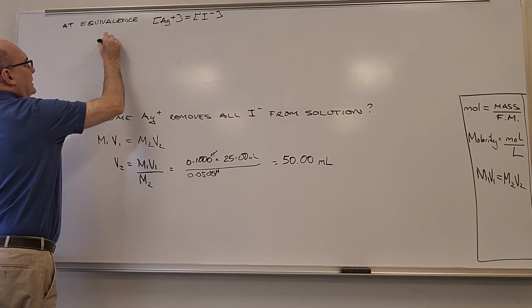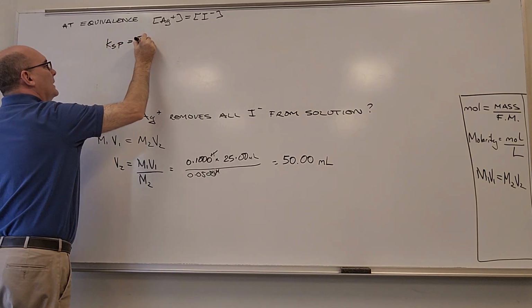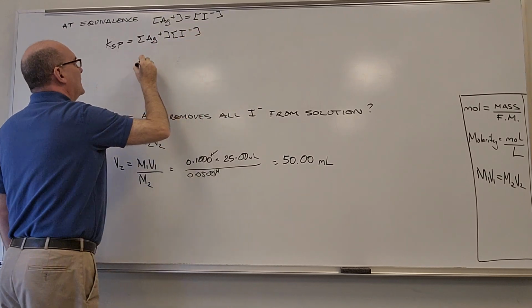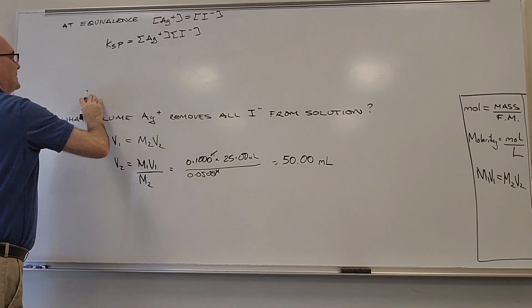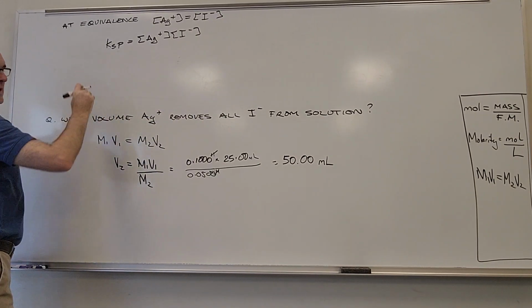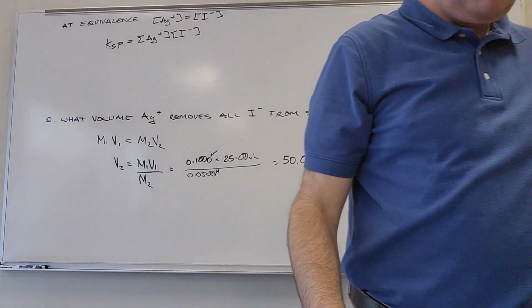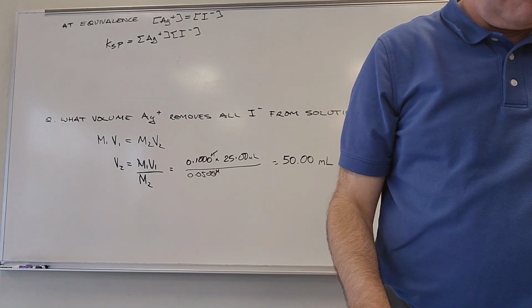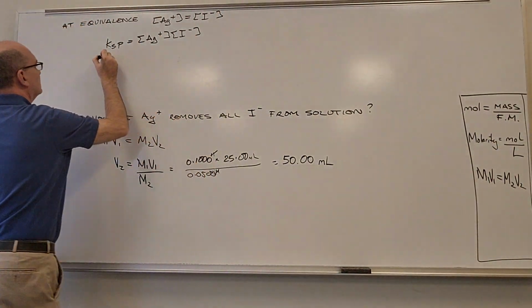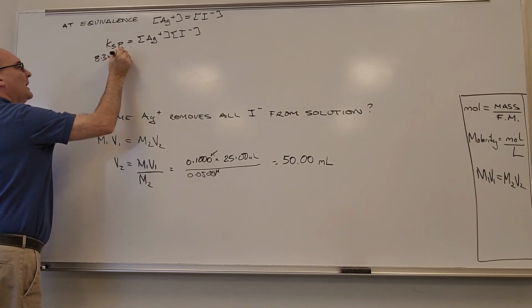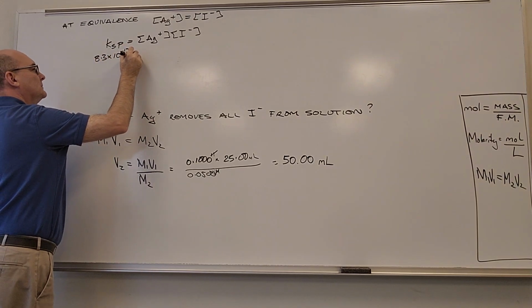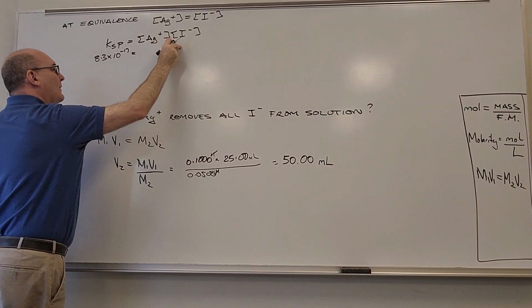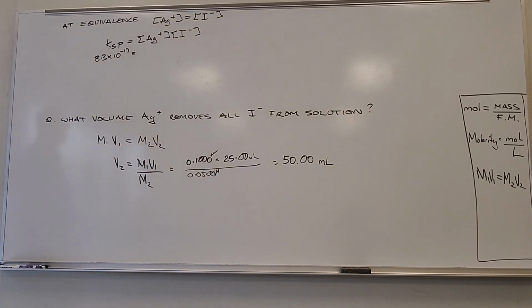And when we think that Ksp is the amount of silver ions multiplied by the amount of iodide ions, this is, what did I say, it was 8.3 times 10 to the negative 17. That number and that number are the same value.